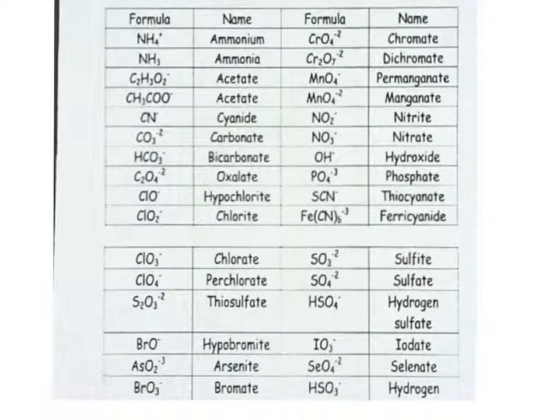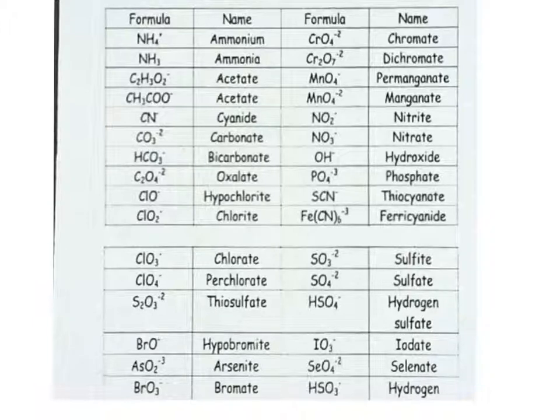Here's a list of some common polyatomic ions. This is not a complete list, but these are some of the most common ones that you'll encounter. So each polyatomic ion has a formula, a name, and a charge. So it's very important that you know all of those, the charge and the formula and the name.